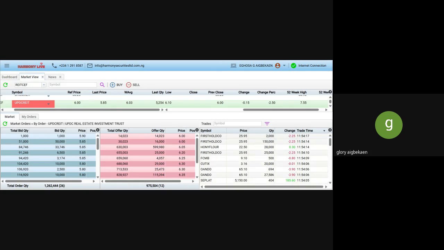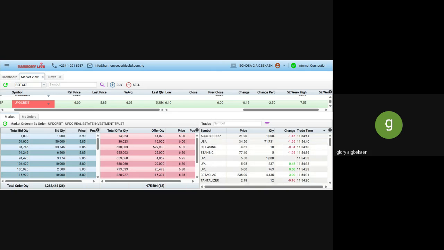If you are buying at 5 naira 85 kobo, you are sure, and the next thing that will happen, price will start going up. Once it gets to 630 or 640, usually 630, sell it there. Don't wait, and take your profits.